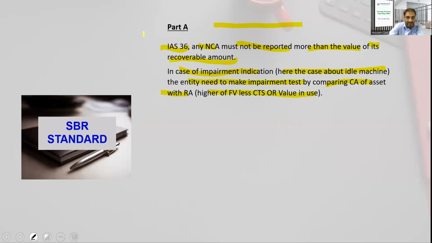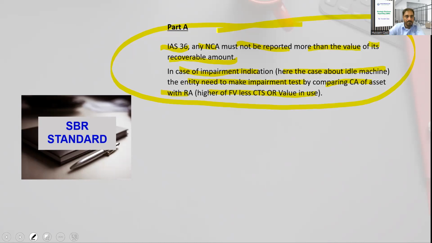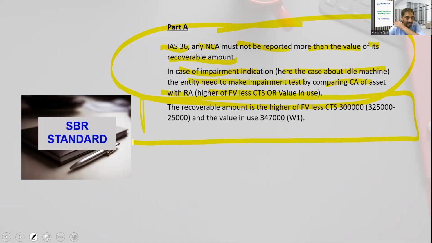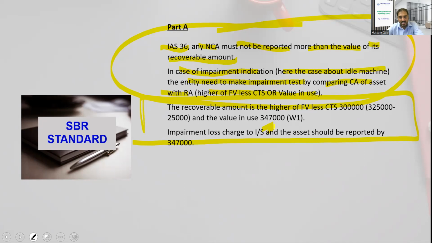So first you have to make a reference to the principle, and then the explanation of the working. The recoverable amount is the higher of fair value less cost to sell, that is 300,000, and the value in use, 347,000. So impairment loss is charged to the income statement by the value we have calculated, and the asset should be reported at 347,000.